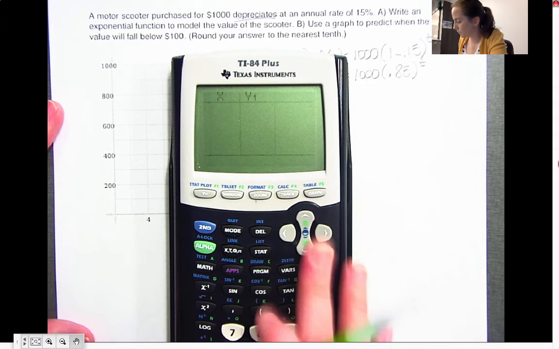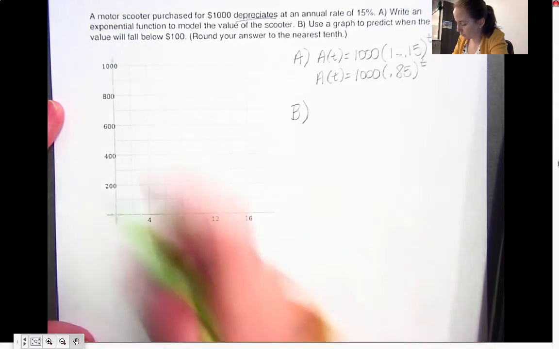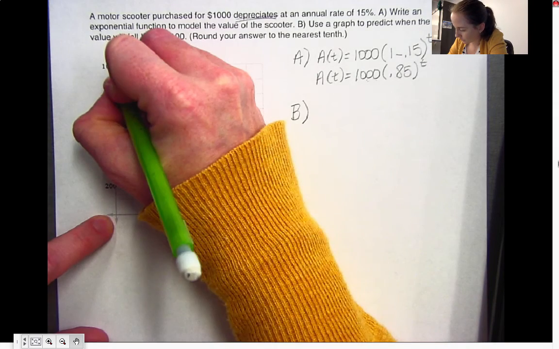Go to your table. I'm going to go ahead and graph the points. We know at 0 years, we're going to be at 1,000.